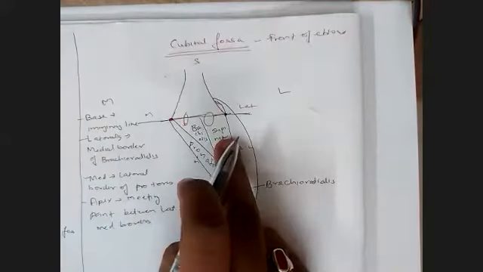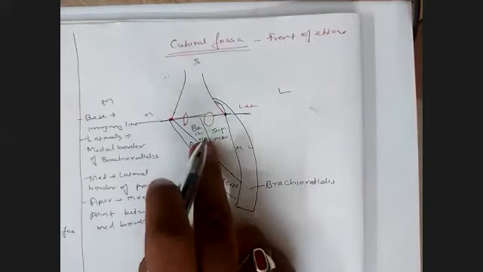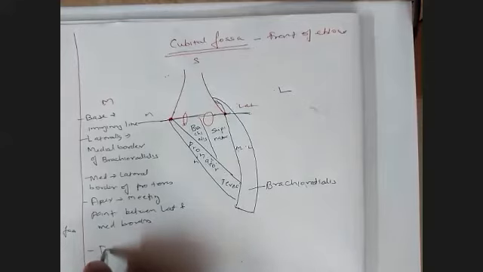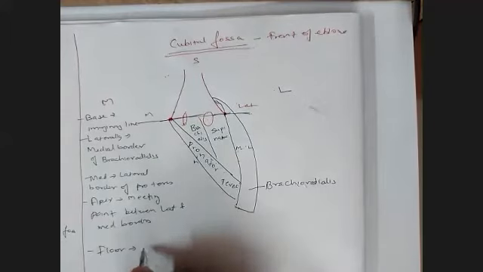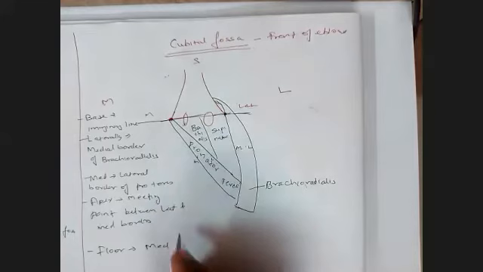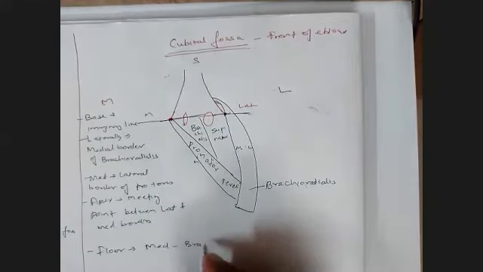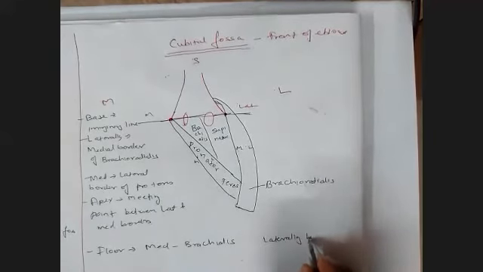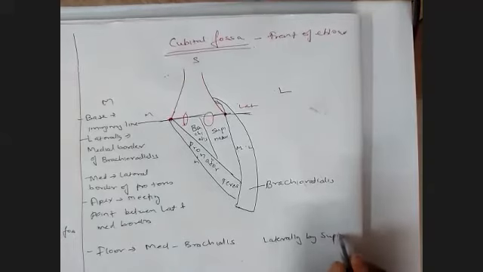So this side is radius, this side is ulna. So these muscles are forming the floor. The floor is formed medially by brachialis muscle and laterally by supinator muscle.